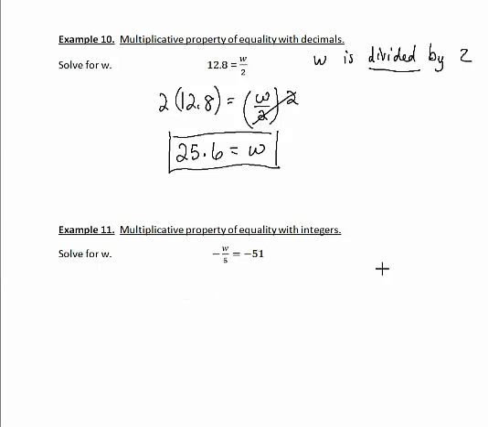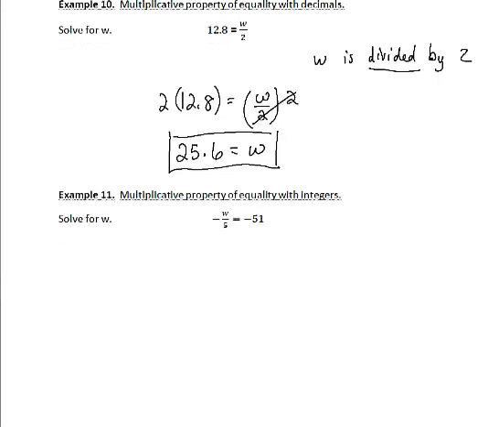And example 11, the last example of the chapter. We have W with a minus and a 5 on the bottom equals a negative 51. I will rewrite this as a W divided by -5.